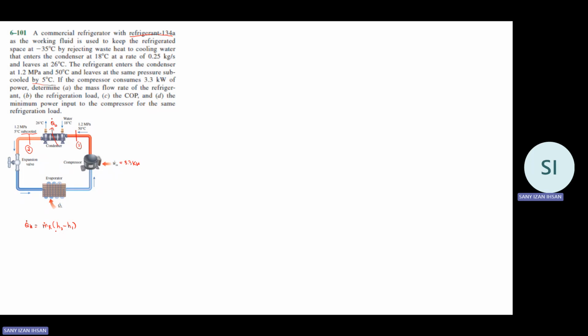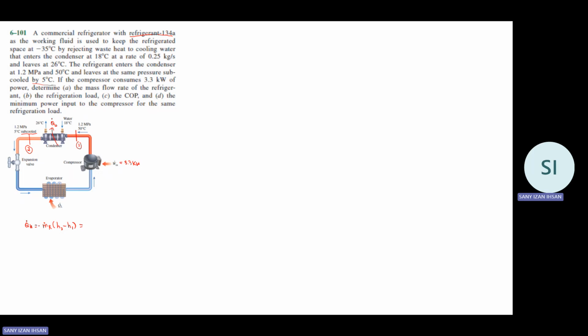But we know that heat is leaving the refrigerant, so you are losing heat from your refrigerant. By right, H2 is lower than H1. So if you do this, you will get a negative value because energy is released from your refrigerant. So one way to do that, either you switch this, or you just put a negative sign there to indicate the direction we know already, and then we will have a positive value.